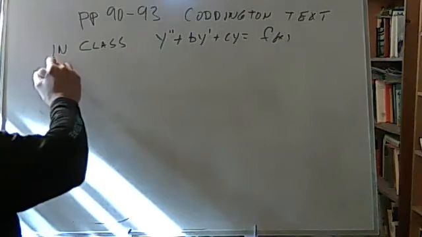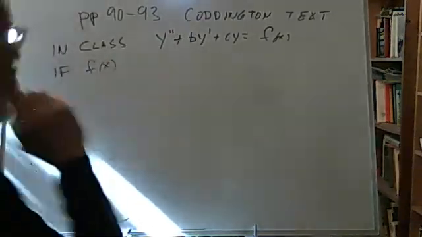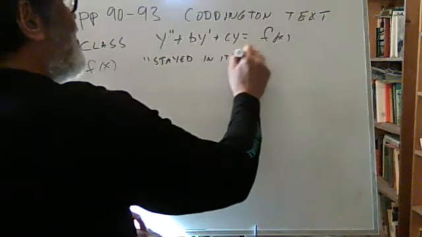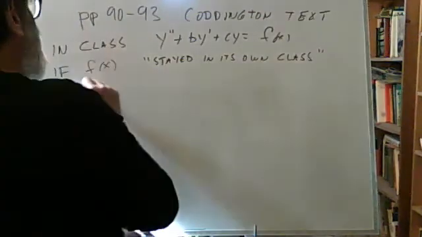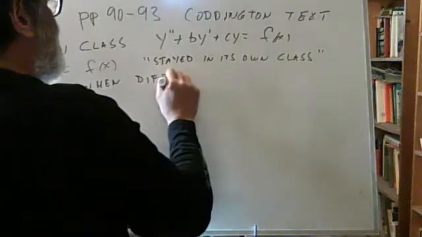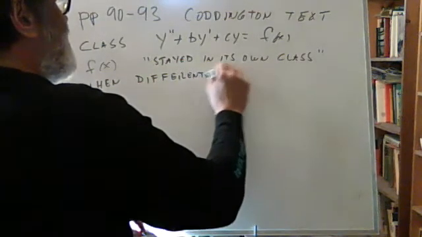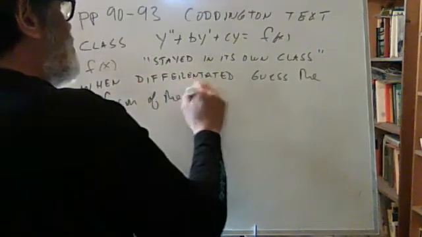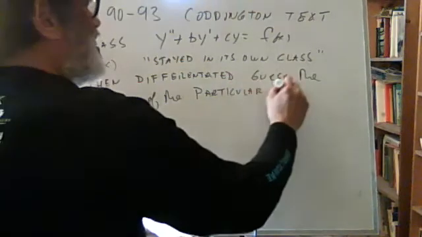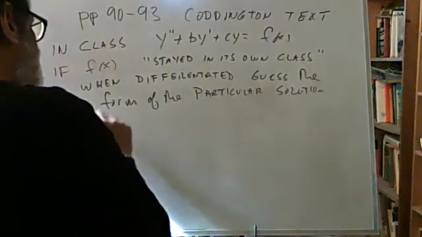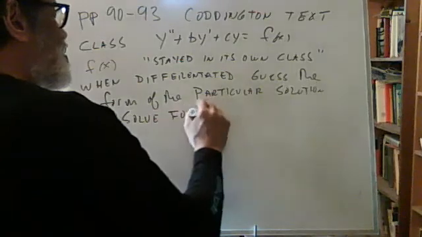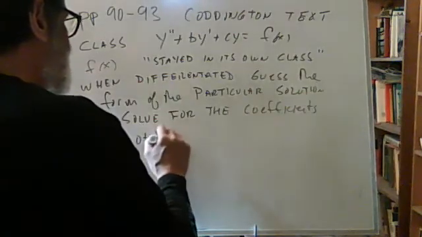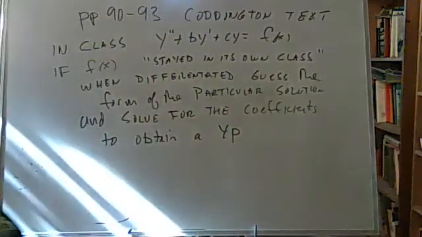In class, I mentioned that if f of x was the kind of function that stayed in its class when differentiated, we could guess the form of the particular solution and solve for the coefficients to obtain a particular solution, y_p. That's what it said in class.